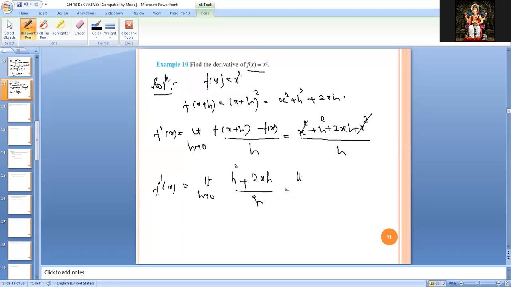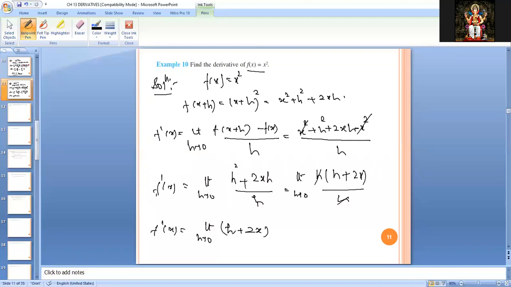So we will take h common. When h is common, it will be h plus 2x upon h. So h is cancelled. So f dash x is equal to limit h tending to 0, h plus 2x. Now we will apply the limit.